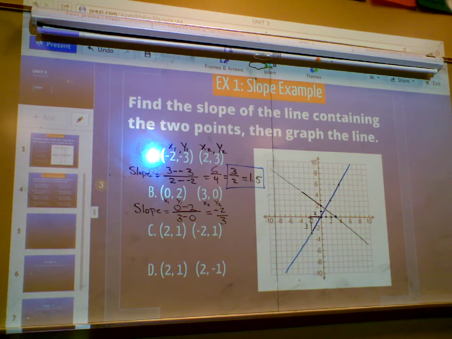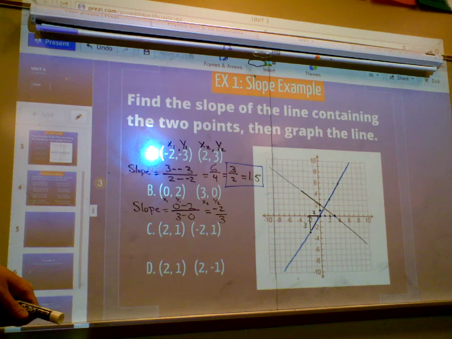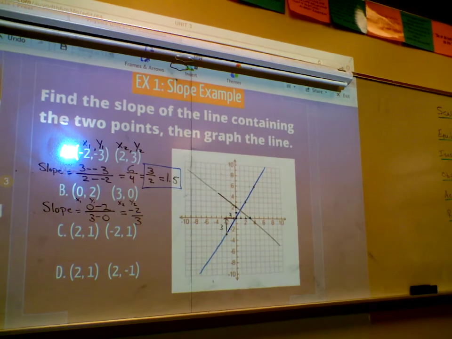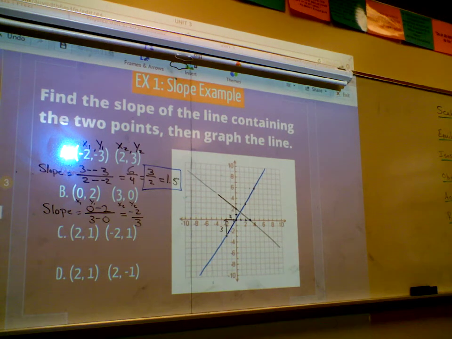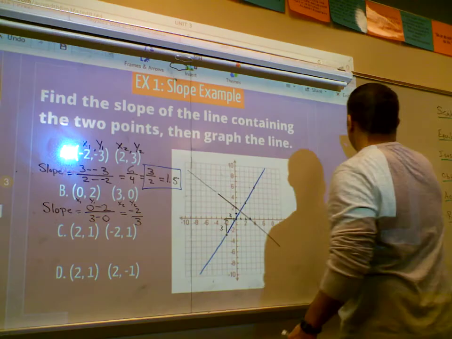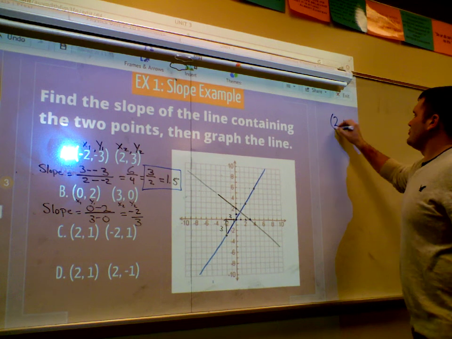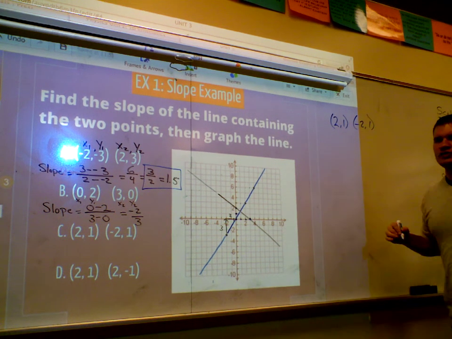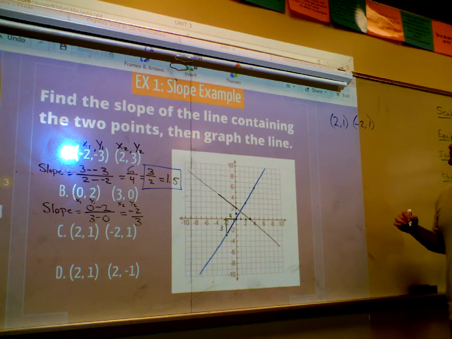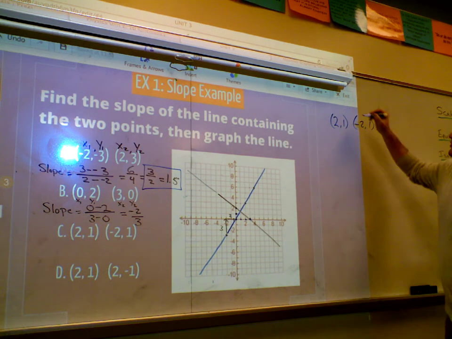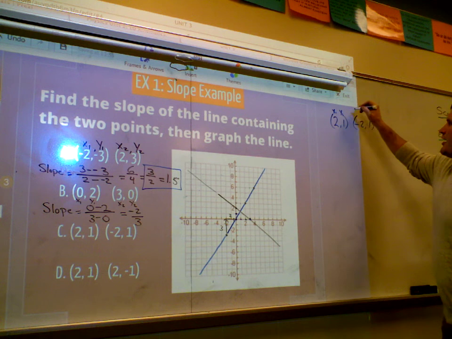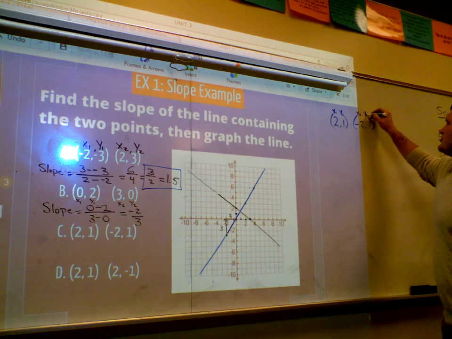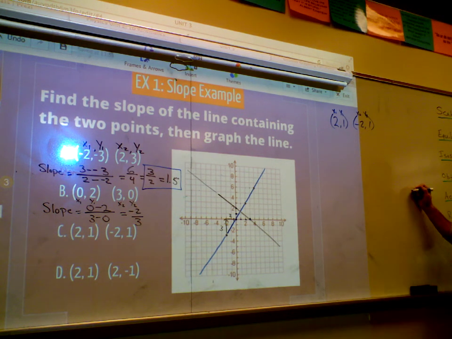Alright, so for C, I'm gonna do C and D over here where we have a little more space. For C, my points are (2, 1) and (-2, 1). Which one's x1, which one's y1? It doesn't matter, as long as the 1s are with the 1s and the 2s are with the 2s.